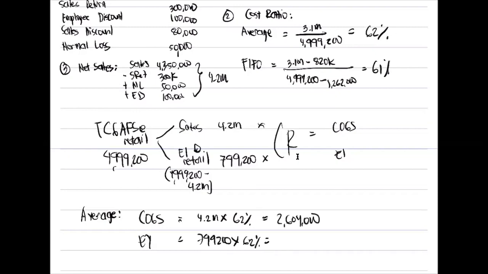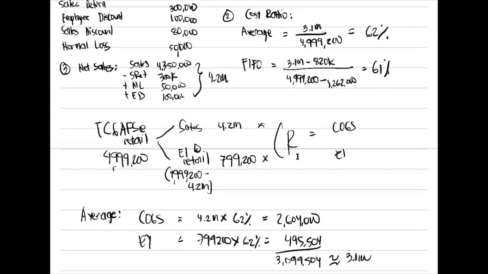For your ending inventory, 799,200 times 0.62 is 495,504. So let's get the total plus 2,604. This will give us 3,099,504 or approximately 3.1 million.